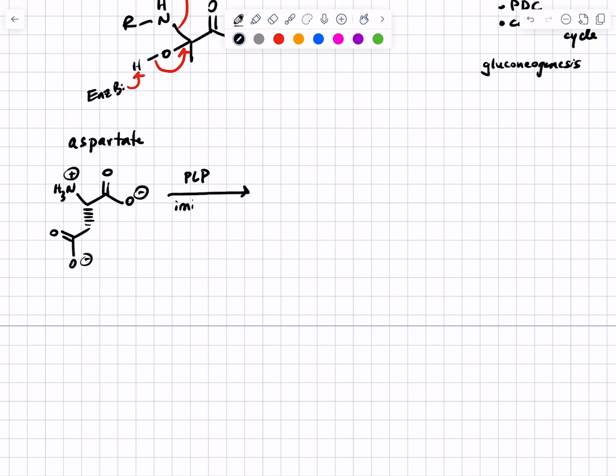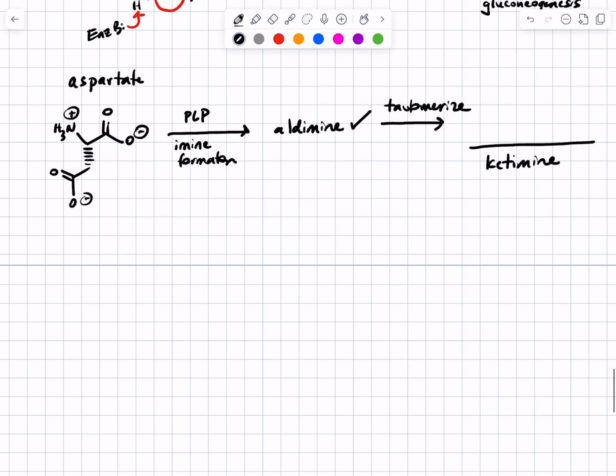I want you to do imine formation. Draw the aldimine, which you've already done probably, so check that off. What you maybe haven't done for aspartate is tautomerize. So using what we've talked about before, I want you to tautomerize to the ketimine. And then I want you to take that ketimine and hydrolyze.